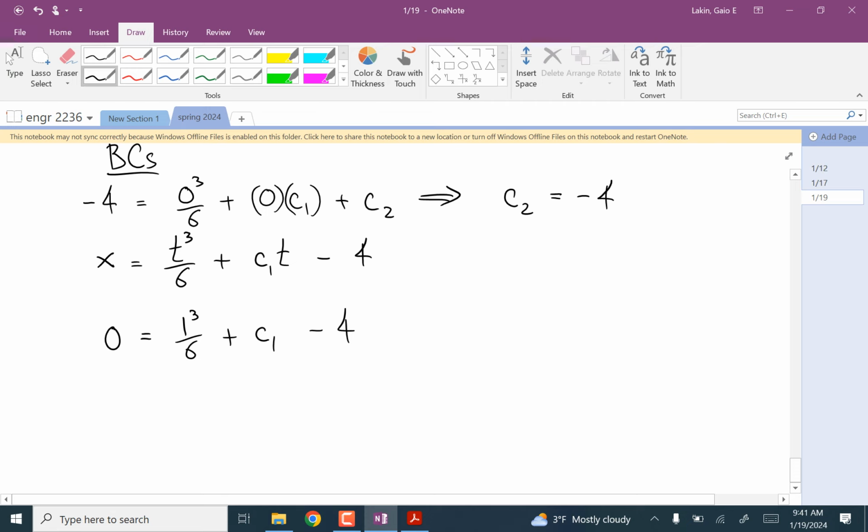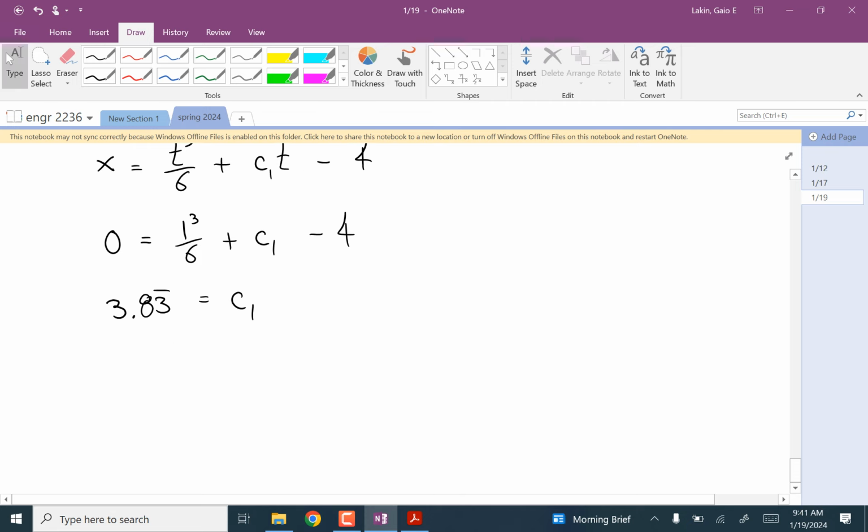So we got 3 and 5/6, 3.83 repeating is equal to c1. And so update again, and you get that x as a function of time is equal to t cubed over 6 plus 3.83 repeating t minus 4.